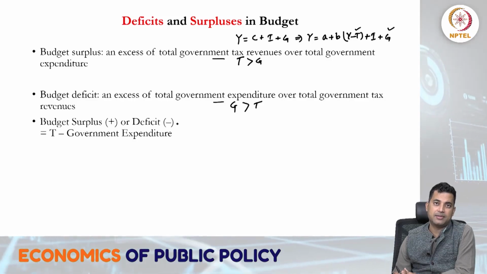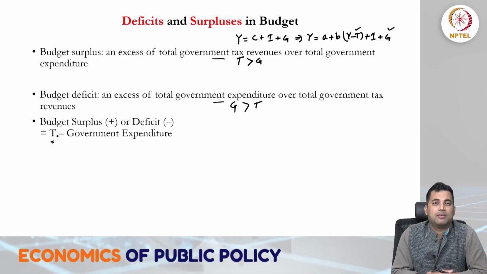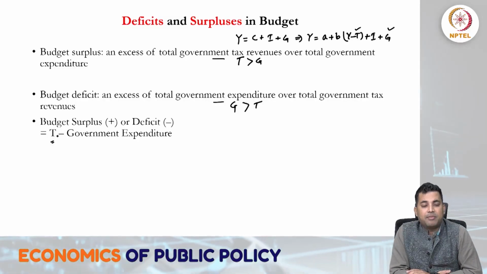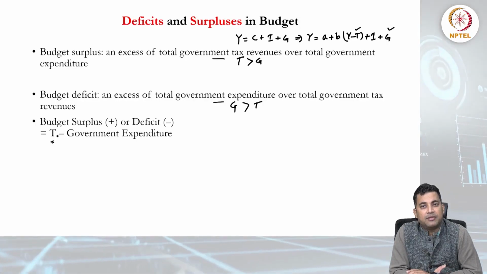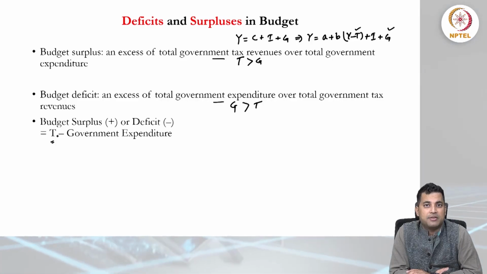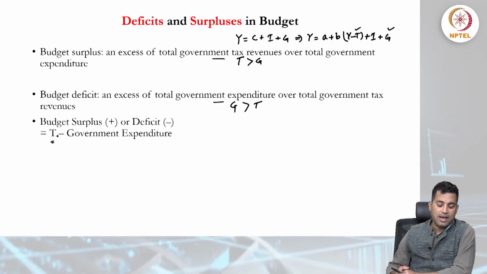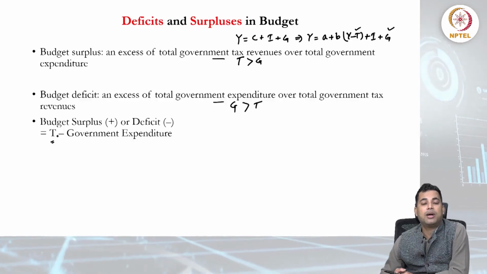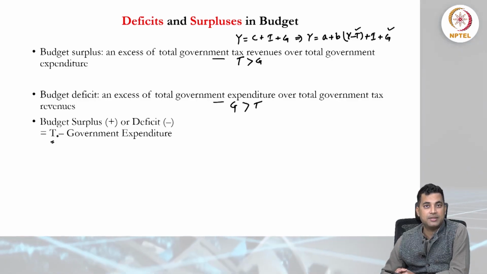If it is negative, then certainly it is a deficit. So T is tax collection or tax revenue, and government expenditure could be whatever the government spends on various infrastructural projects including roads, schools and highways, and also health, and also a lot of money that governments borrow in case of deficit financing.